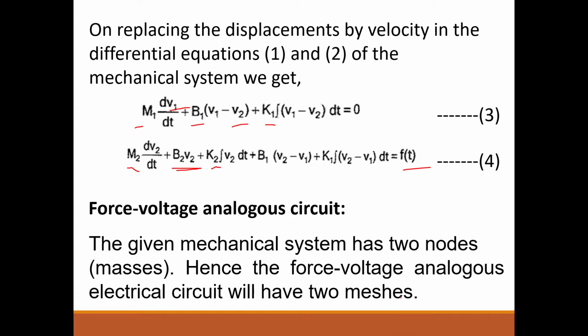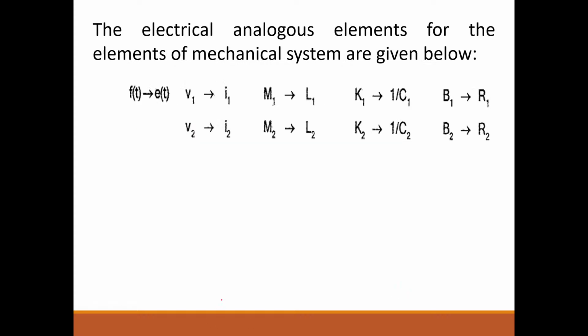So write down all the elements and write their analogous electrical terms. Okay, so force voltage analogy. If you know force voltage analogy, you can write down their respective analogous terms. So analogous of F of t is E of t, or you can write V. Analogous of velocity is current. Analogous of mass is inductance.